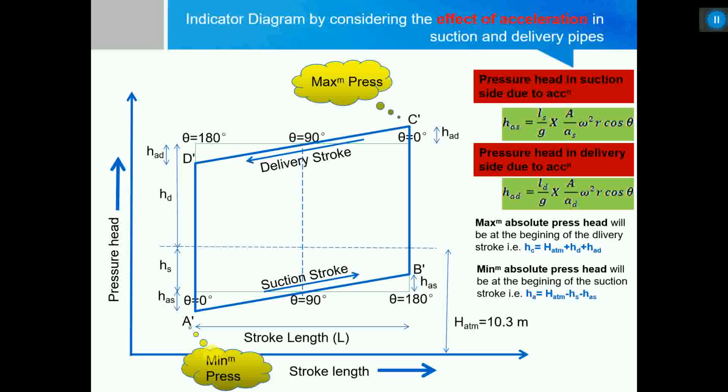So minimum pressure should be above the vapor pressure of the liquid. Cavitation may start occurring when this minimum pressure goes below the vapor pressure of the liquid.